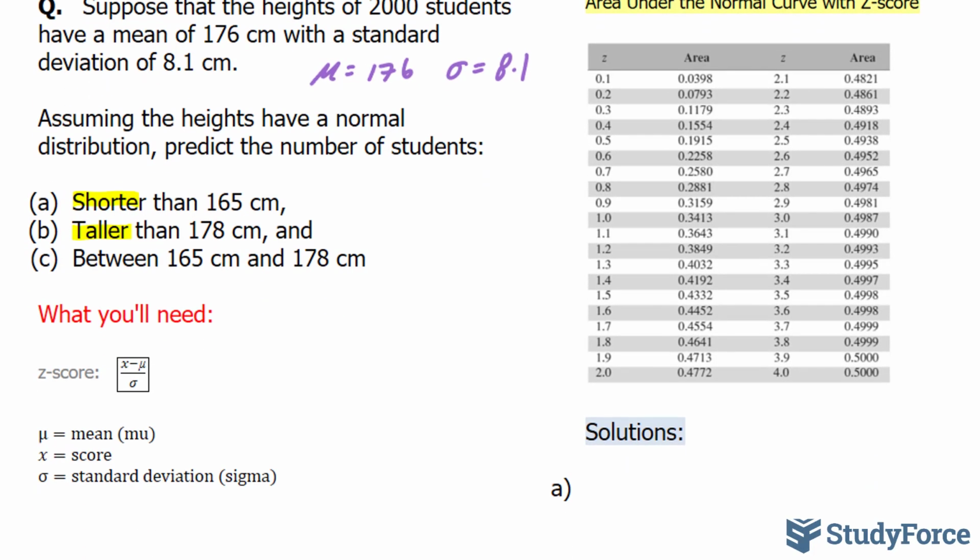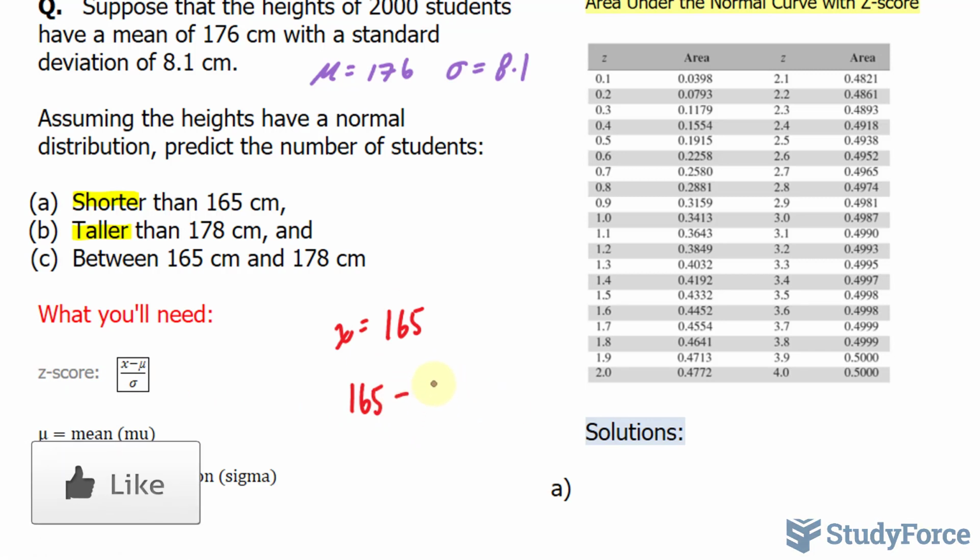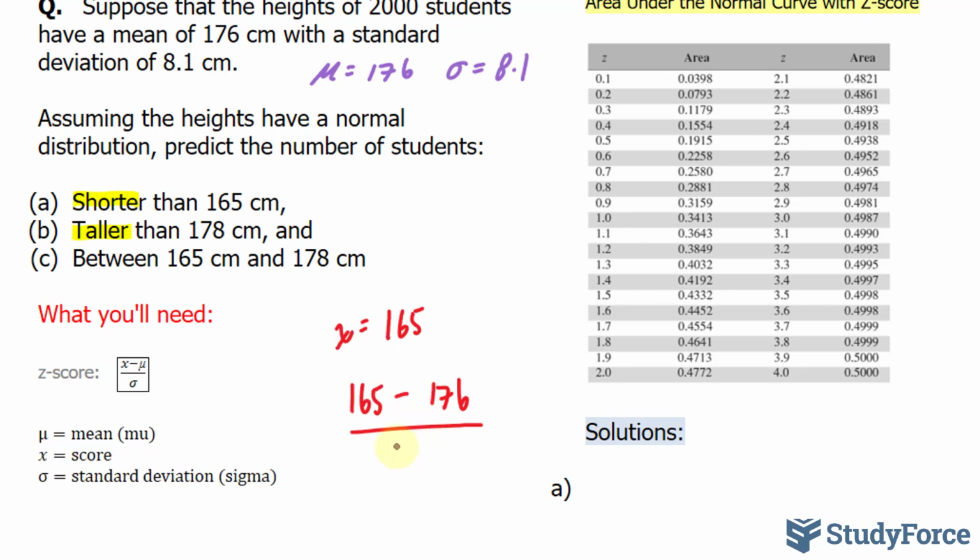So for A, we have an x value of 165. The formula we'll be using is shown here, where x represents the score, mu represents the mean, and sigma represents the standard deviation. So substituting 165 into our formula, minus the average of 176 over the standard deviation of 8.1 will give us our z-score.